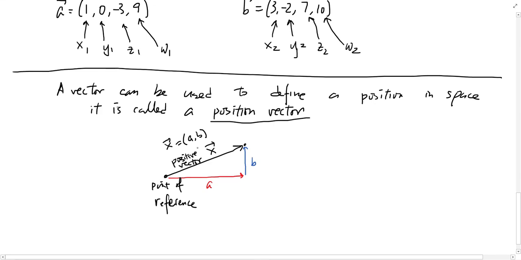If you have a position vector in R3, that will be first in the X direction, then in the Y direction, then the Z direction. And so this right here will be a point, and sometimes we refer to this point by name. In this case, I can call this point A, which just so happens also has the position coordinates A and B. And yes, so far, this position vector and this position are actually the same thing. They're not always going to be the same thing later on, but for us right now, they are.